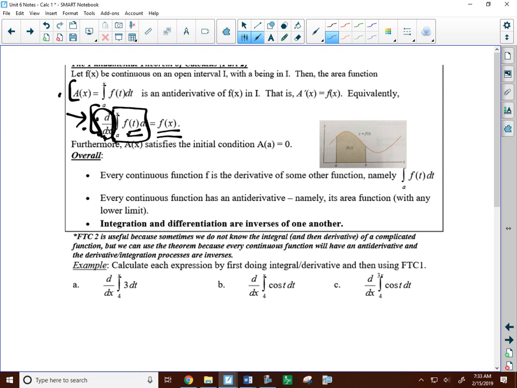So notice it's little f here and little f here. In other words, this says that the derivative and integral are inverse operations. Because you do the integral, then you do the derivative, and you get back out the same thing, the same function, but with x plugged in.